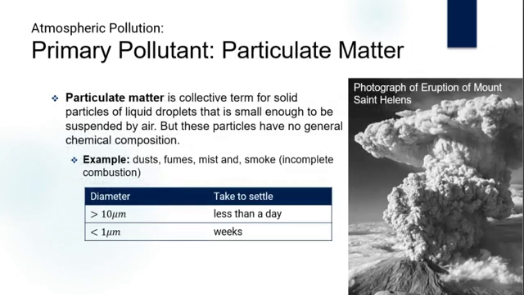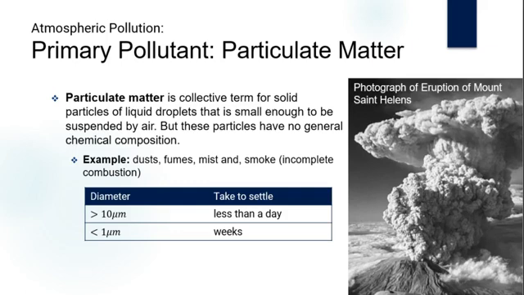Another primary pollutant is particulate matter. Particulate matter is a collective term for solid particles or liquid droplets that are small enough to be suspended in air. But these particles have no general chemical composition, unlike those with carbon dioxide, carbon monoxide, sulfur dioxide, and other types of chemical composition. Now, we can characterize particulate matter by size.